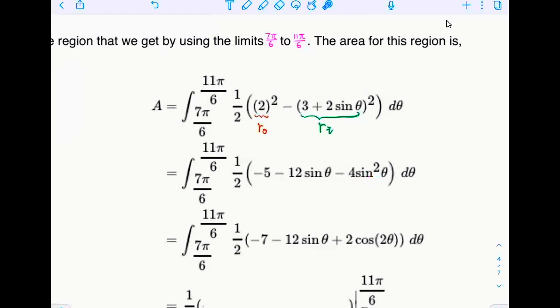So here you use the half angle formula. Sine square theta is 1/2 times (1 minus cosine 2 theta). After that, simplify, and you get this expression.